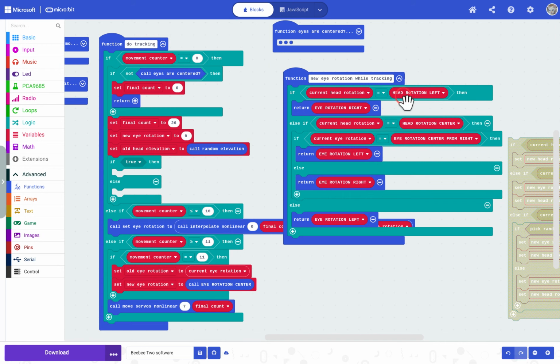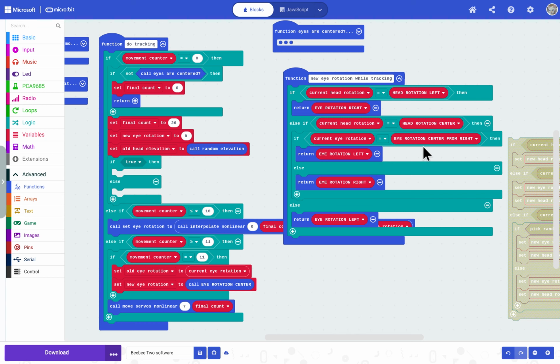So left, we turn our eyes to the right. If our head is centered, then depending on whether our eyes are slightly left or slightly right, remember it depends on where that push and pull is. But if it's equal to 90, we're already pushing it towards the left.